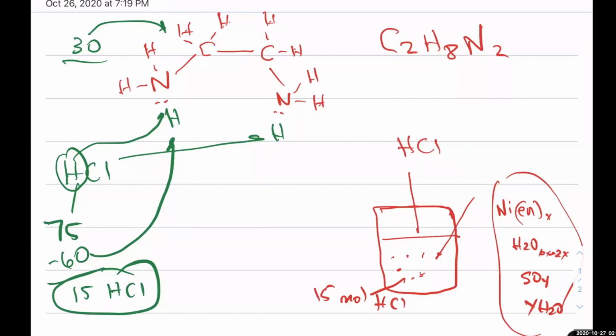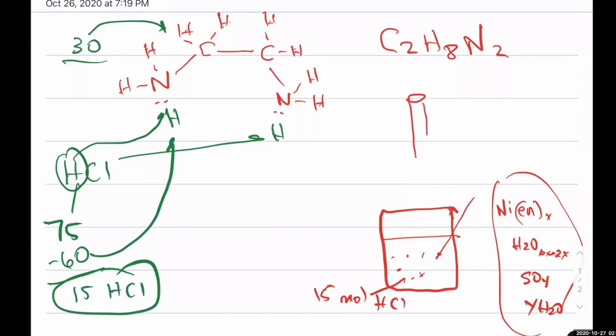Now here's why it's called a back titration. You take that solution, and what you do to that solution is you titrate it with sodium hydroxide. You put an indicator in there, and when you reach the endpoint, where the indicator changes color, you know the concentration of sodium hydroxide, which you'll be given.